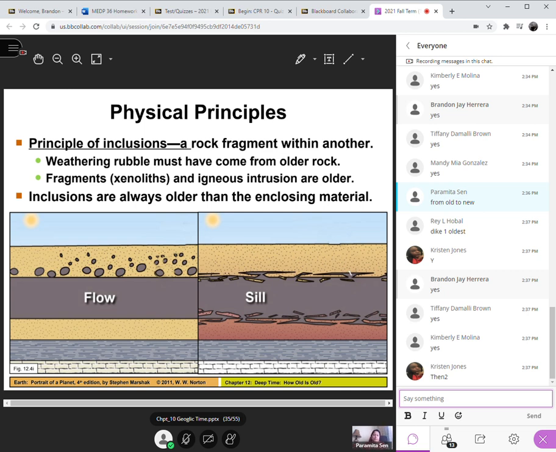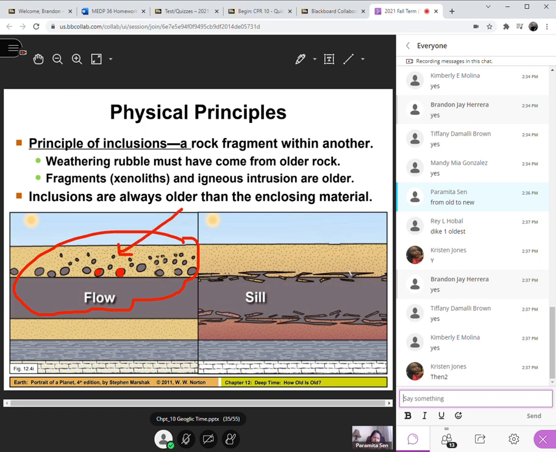The principle of inclusion says that if any rock fragment is found within another rock, then the rock fragment which is found inside is older. Please look at this very carefully. We call them xenoliths. These are small rock fragments found in this particular rock.